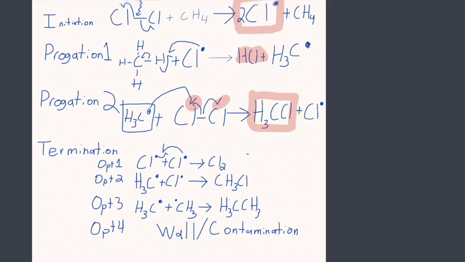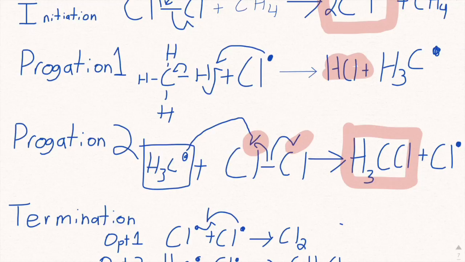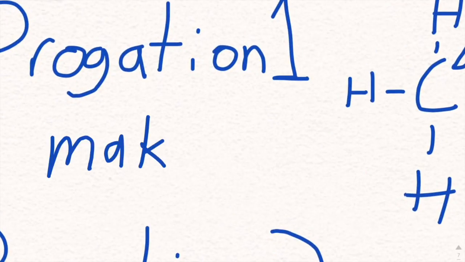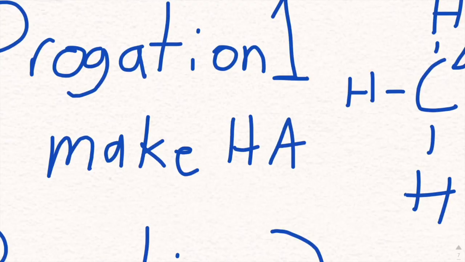So basically, propagation 1, we make an acid, often shown by HA, and we start making half of our product.